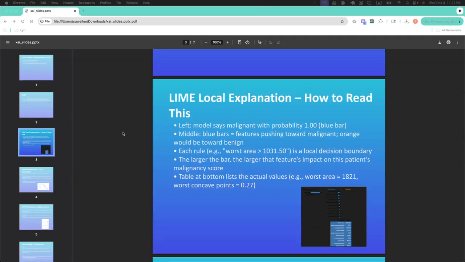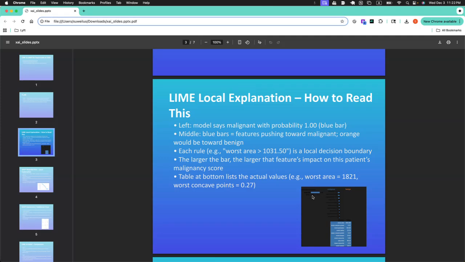Cool. Okay, so we can start with LIME. The LIME output on the left-hand side is a little bit small, but it says malignant with a probability of 1, which is the blue bar over here. In the middle, the blue bars are the features that push toward malignant, and orange pushes toward benign, and each rule is basically a local decision boundary.